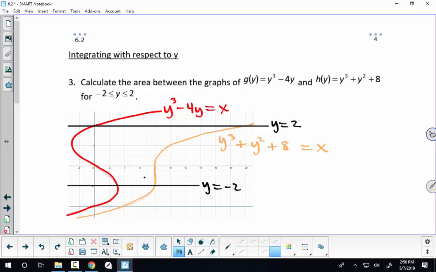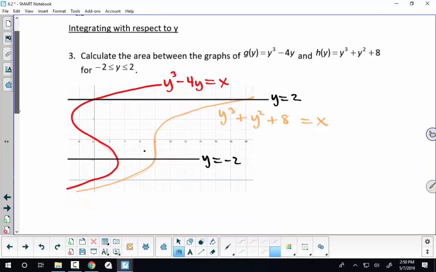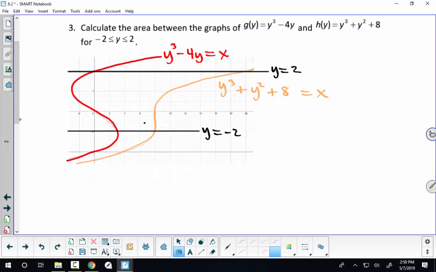So notice why this one would be difficult, not impossible, but extremely difficult if we were integrating with respect to x. If we had to integrate with respect to x, then our rectangles have to run in this direction. So I have all of these rectangles, right?